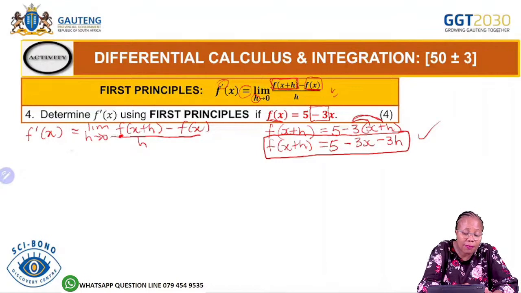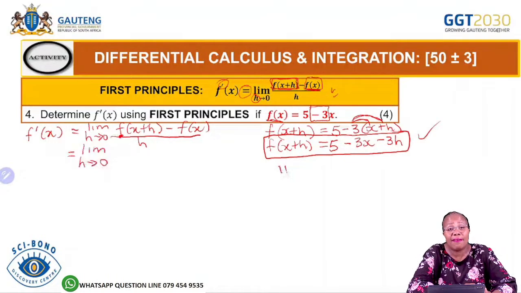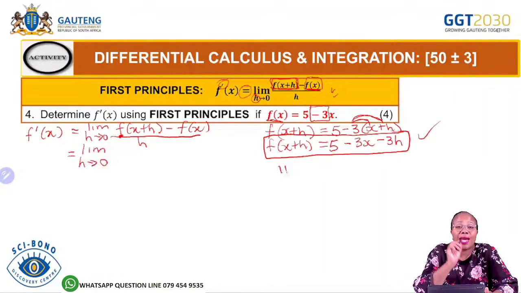Now let's do our substitution. We continue with our equal sign. You bring down the lim of h approaching 0, grade 12. Do not put some dashes like that, because that is 11 in mathematics. The meaning of those two dashes is 11 in maths, nothing else. So now you write the lim as it is. This is the limit of h approaching 0. And then now we substitute f at x plus h, which is the answer we have there.